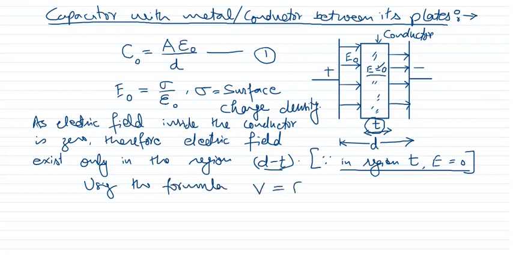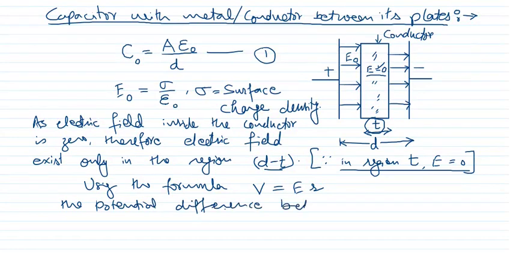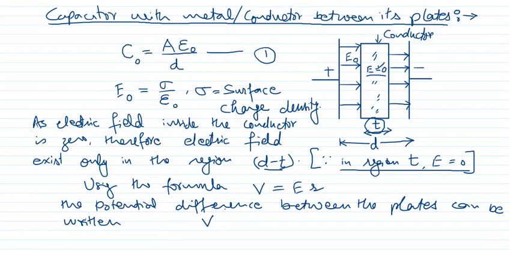Okay, using the formula V is equal to E into R, the potential difference between the plates can be written as V is equal to, what is the E?